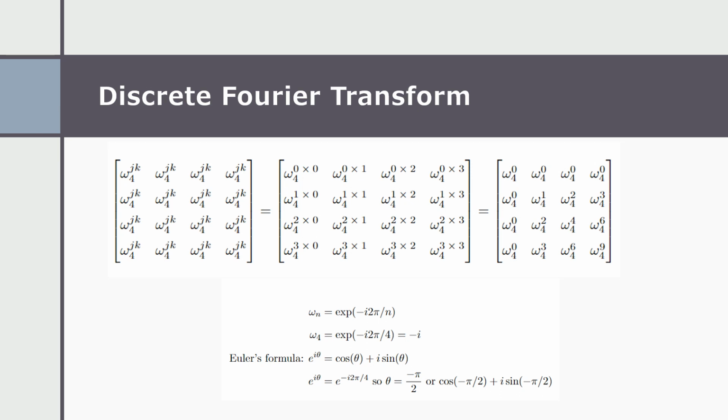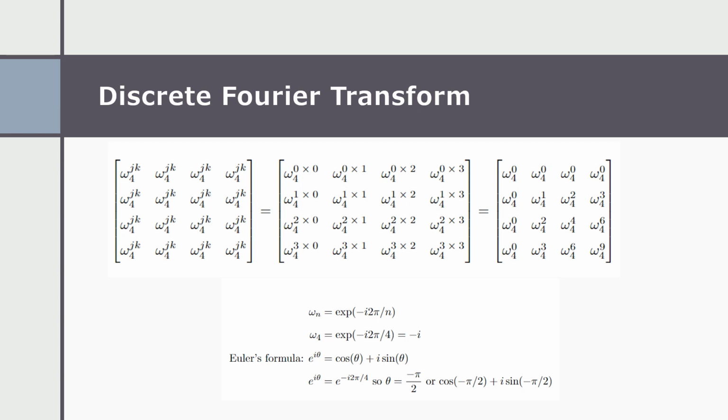Now omega is related to the sines and cosines in the Euler formula, and that's where the idea of the new basis comes from, or the sine and cosine basis. You can see the calculation below for calculating the omega on the bottom.